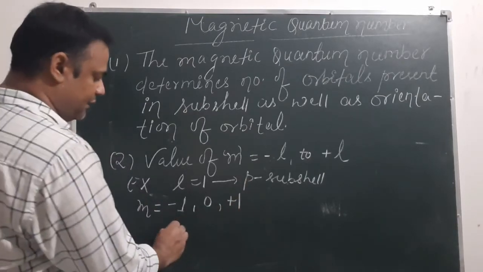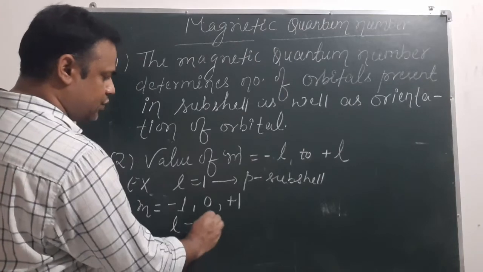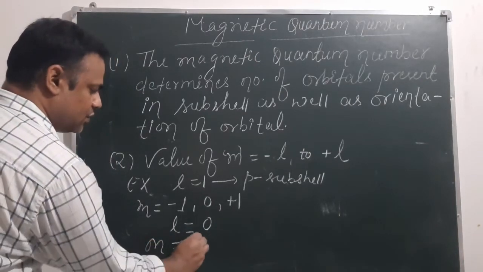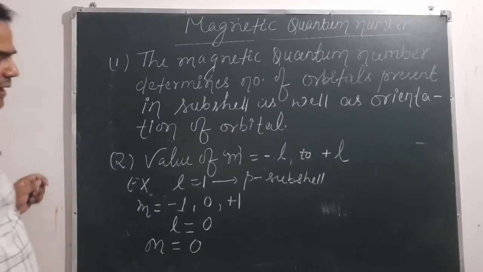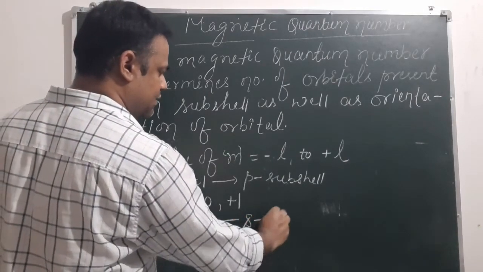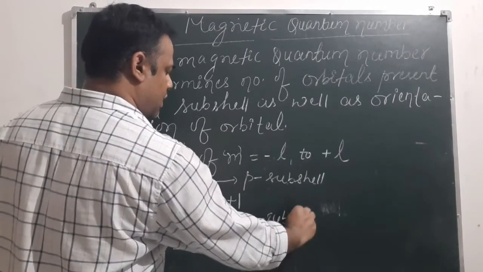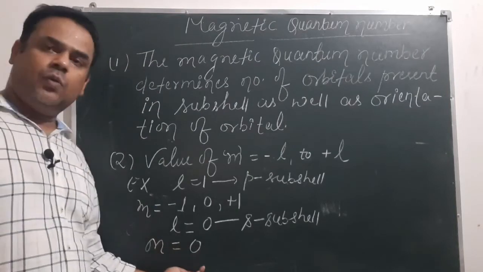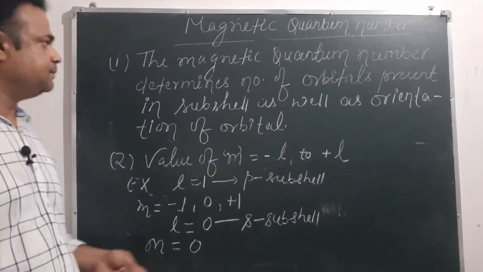Another example, if we take L equals 0, in that case we'll have only one value of m, that is 0, so it will have only one orbital, and we know that the s subcell has only one orbital, for which the magnetic quantum number value is 0.